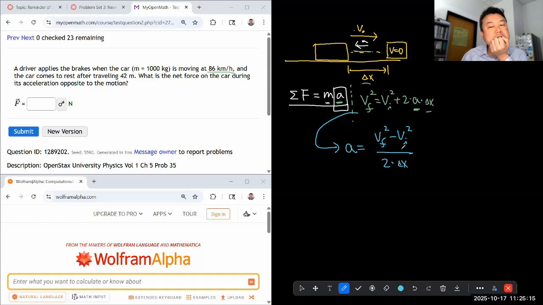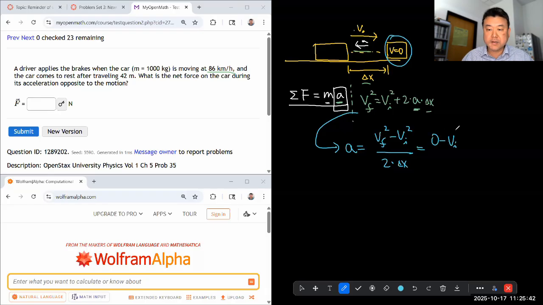Yeah, so let me plug in the numbers. I'll get a negative number for acceleration, and I'll just ignore the negative sign and answer with a positive number here, because I think that's what they're looking for. So here, V final squared is 0, because it's coming to rest at the end, minus V initial squared.